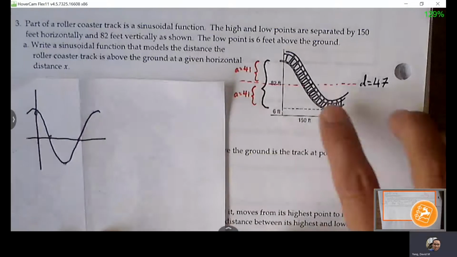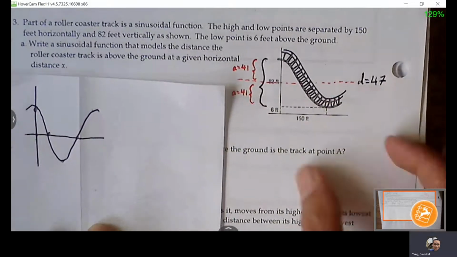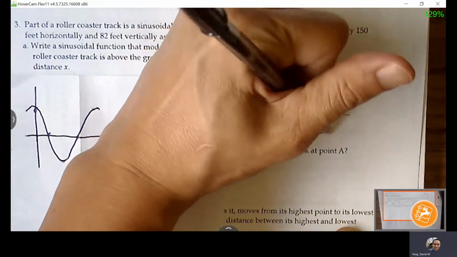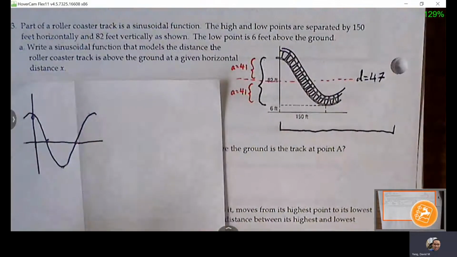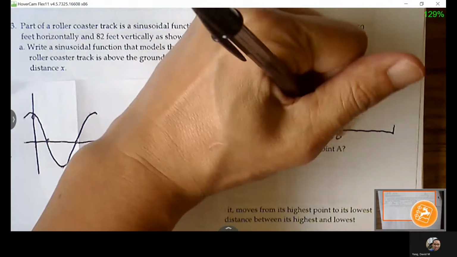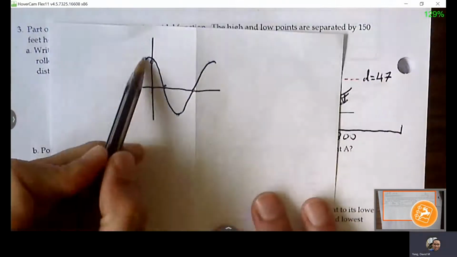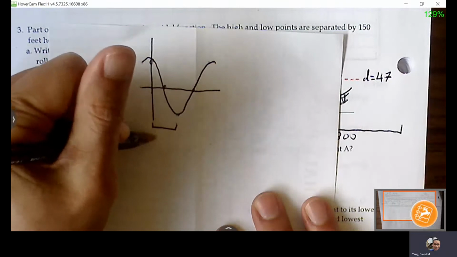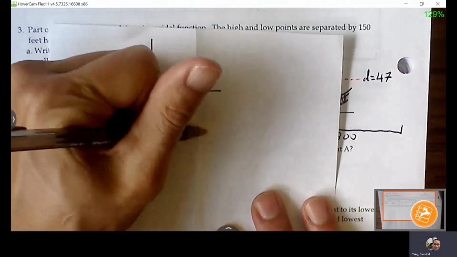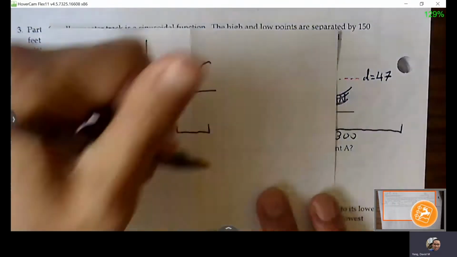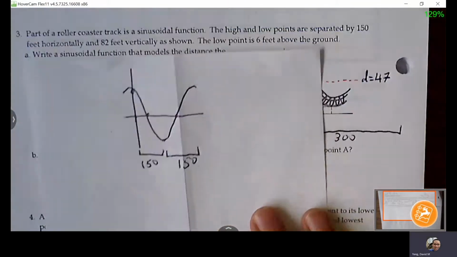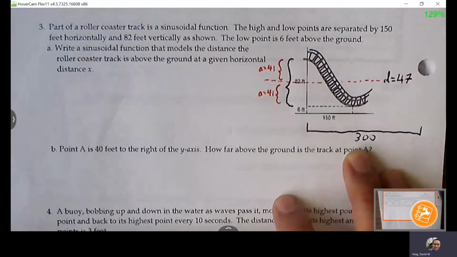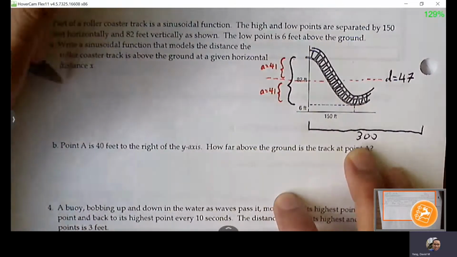How much of the full cycle are we seeing in front of us? Half. So what do you expect the period to be, then? 300. From the peak to the minimum is half the period, 150 feet, and it's going to take another 150 feet to finish the cycle. So if you know your period is 300, we should be able to use that to help us find our B value, right?